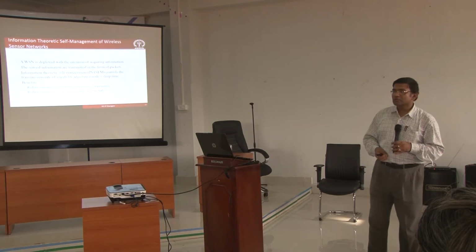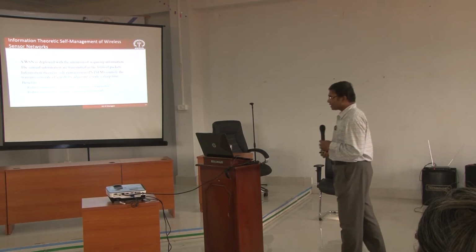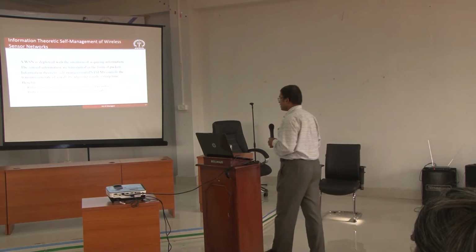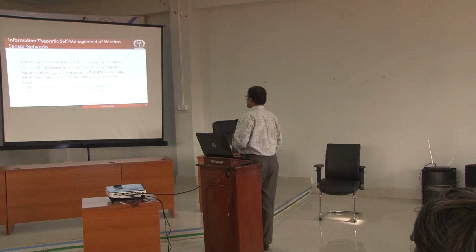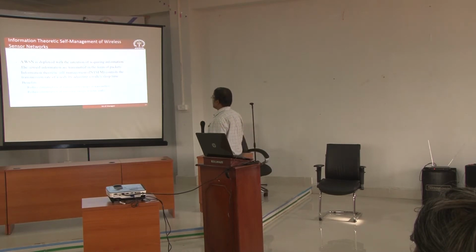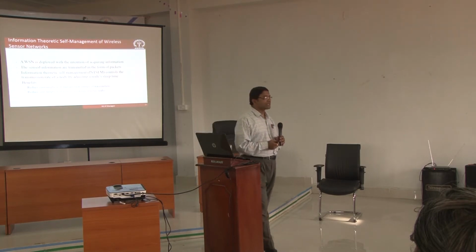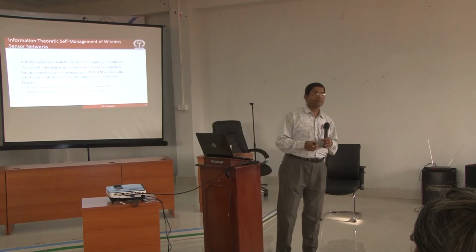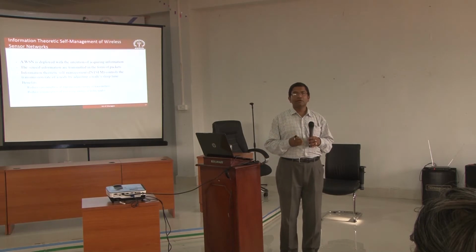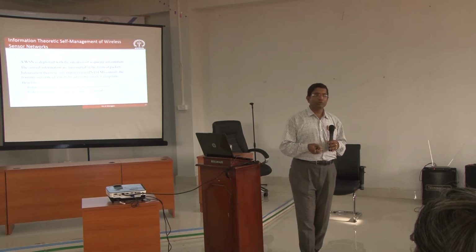So we came up with an information theoretic sensor network solution by which the nodes sense whether there is any incremental or significant change in the sensed parameter, and once that threshold is crossed, only that packet is going to be sent. The other packets are not going to be sent.